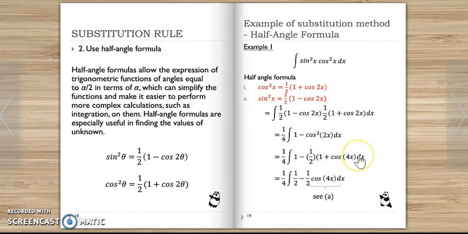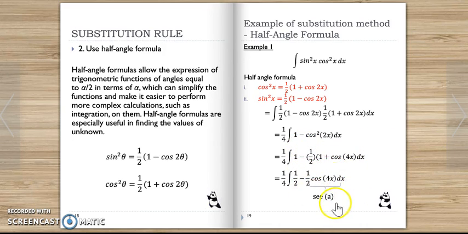Here we will use the half angle formula again, but we have to make sure that here is 2 theta, and 2 theta equals 2x, so here it will be 4x, because 2 times 2x. Understand? So this is 1 plus cos 4x dx. So this is also the half angle formula, so it's so important.